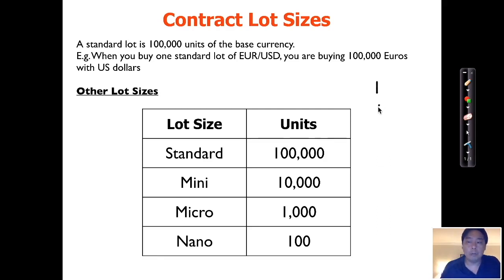You key in 0.5, because one lot is 100,000, so 0.5 is 50,000. Let me just write it down for you. So one lot is 100,000, and 0.5 is 50,000.